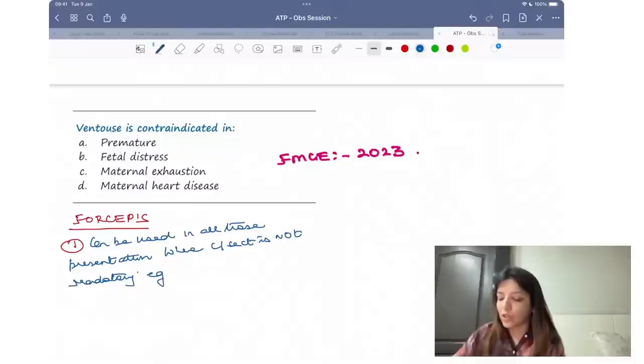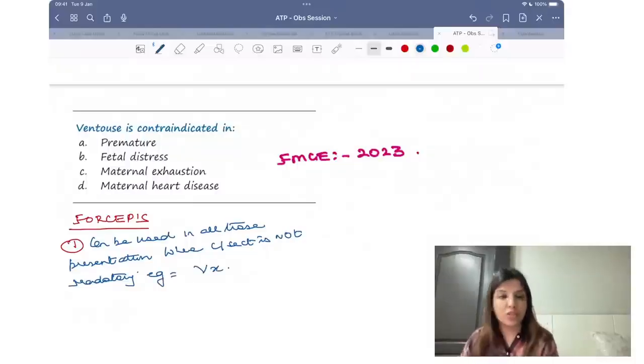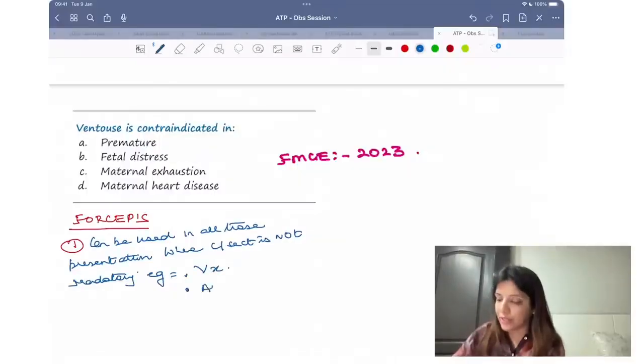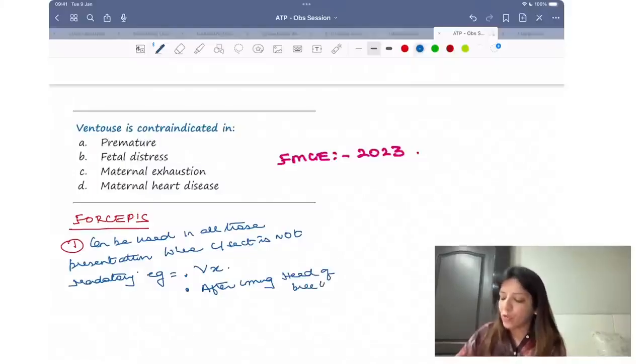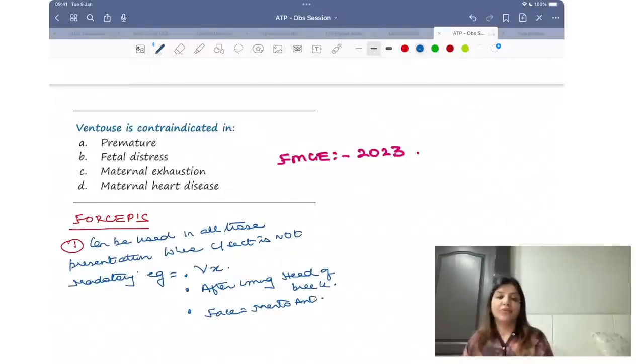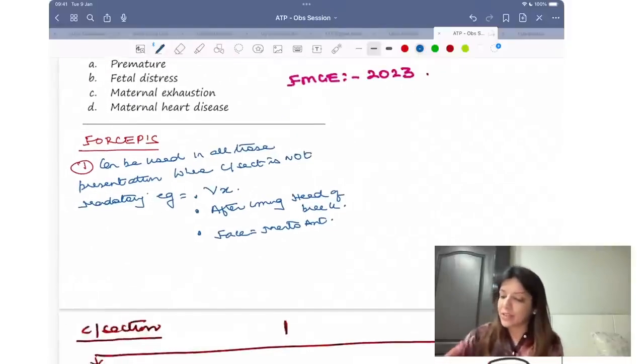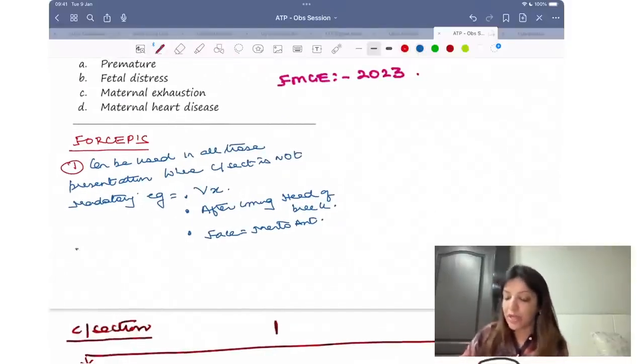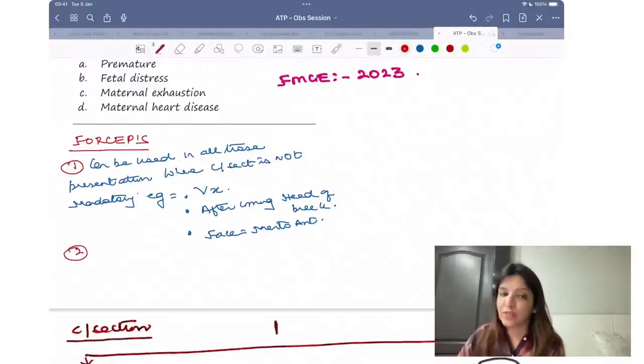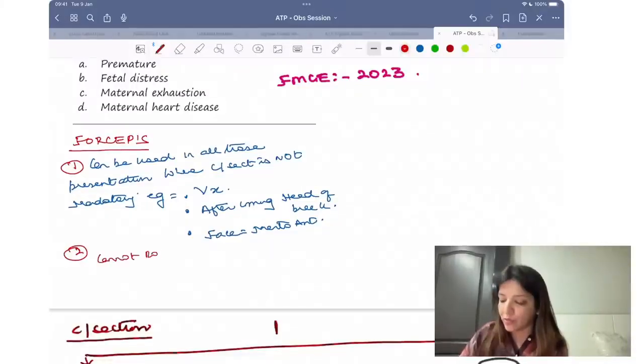For example, you can use forceps in vertex presentation, for delivering the after coming head of breech, and in face that is mento anterior. But the next important point about forceps is that forceps cannot rotate the head of the fetus.